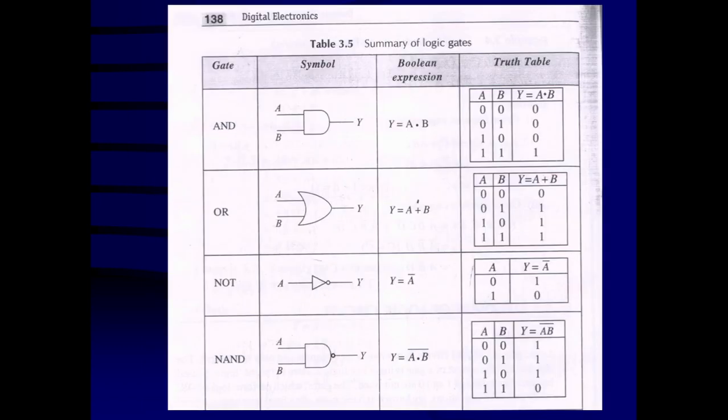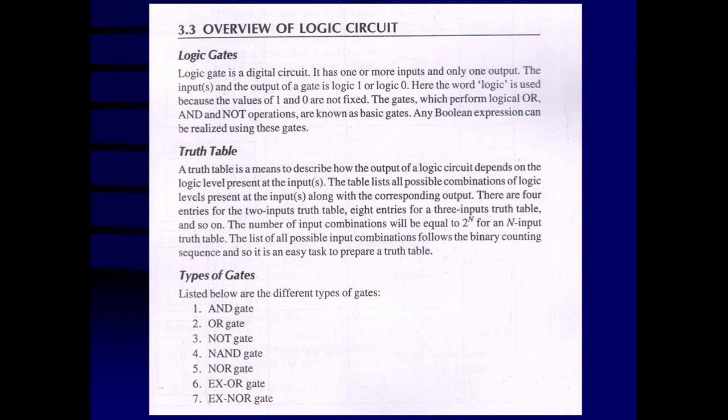Now, the truth table. What is the truth table? A truth table is nothing but the input-output possibilities. If there are logic variables, each variable can have two values, either 0 or 1, and hence 2 raised to n different combinations of the logic variables are possible, where n corresponds to the number of variables.